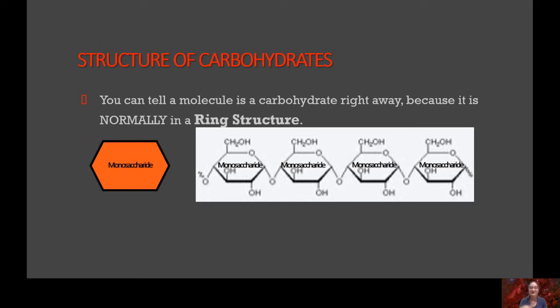So if each of these hexagons you can identify as a monosaccharide, as a sugar, then when you see a ring or chain of a bunch of these together, you are able to tell that's a carbohydrate. You will always see them in that hexagonal shape. That's the structure of a carbohydrate.